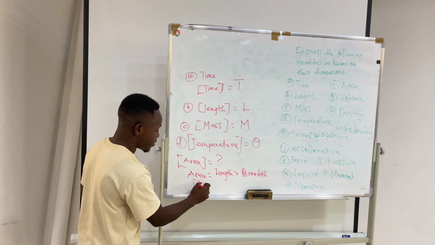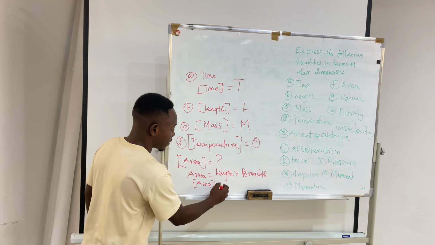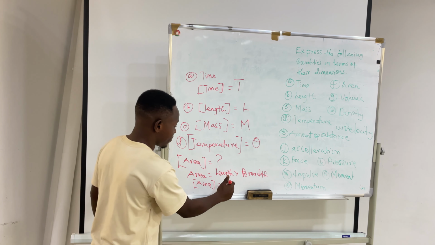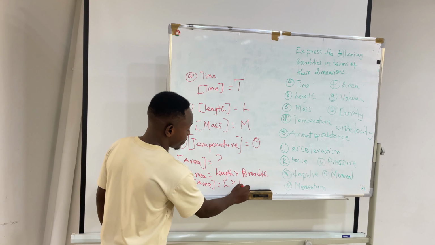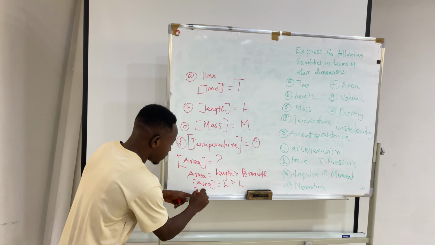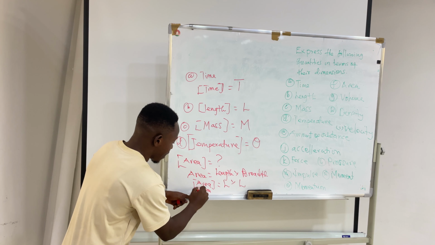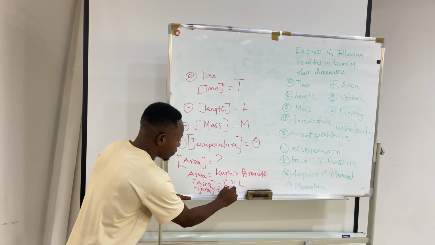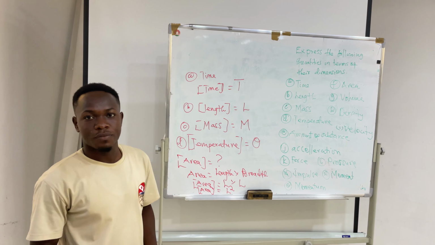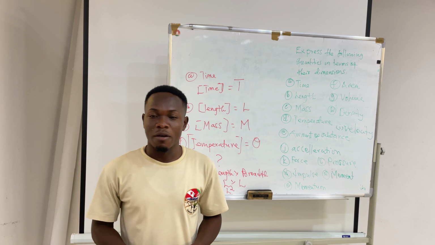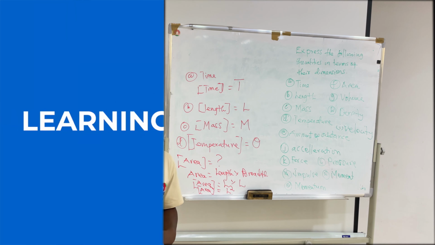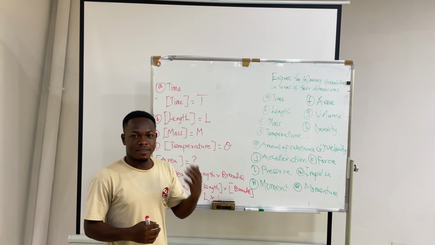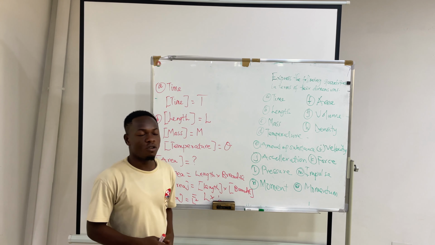The dimension of length is L, and the dimension of breadth is also length, that is also L. So the dimensions of area is given by L squared. So if I ask you to find the dimensions of area, you can just tell me L to the power 2.